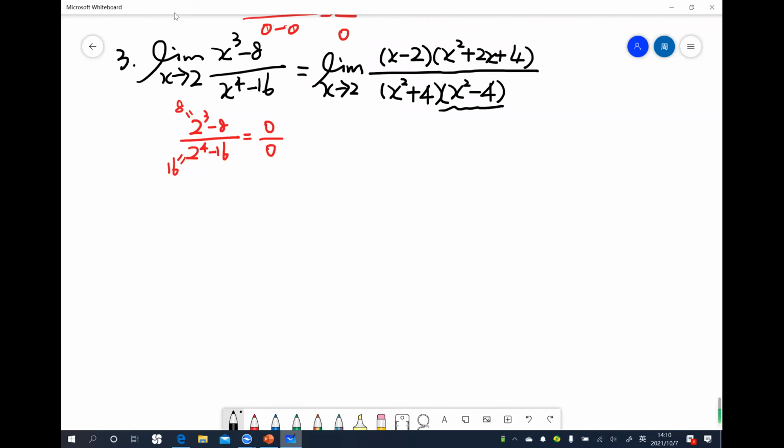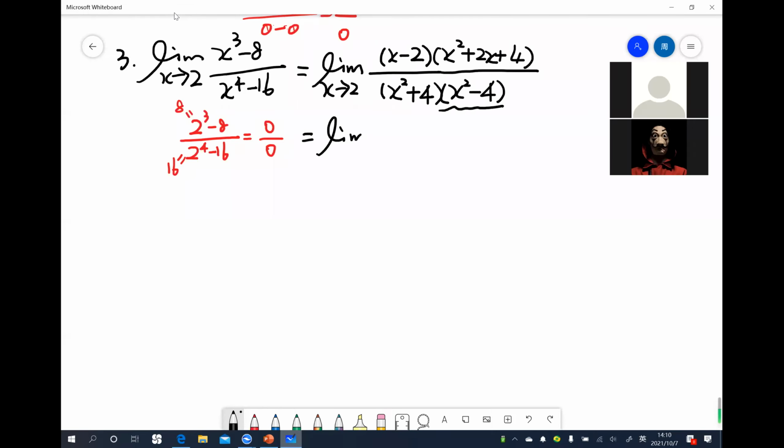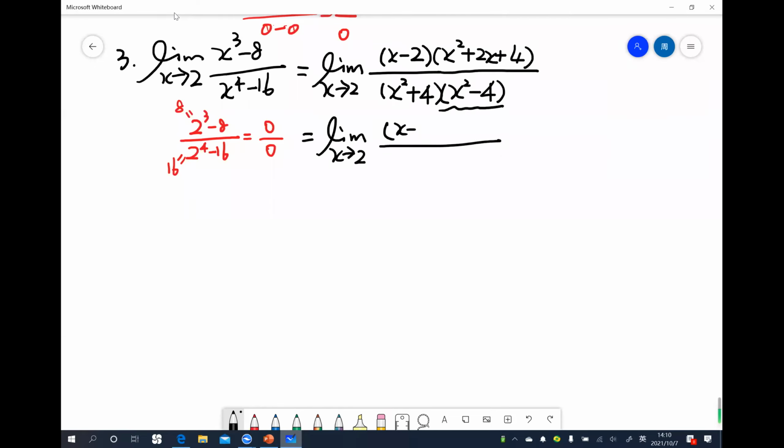So that equals x squared plus 4, then times x plus 2, x minus 2. Now we can find the common factor, that is x minus 2, so x minus 2 can be cancelled here. So we know that equals the new function.